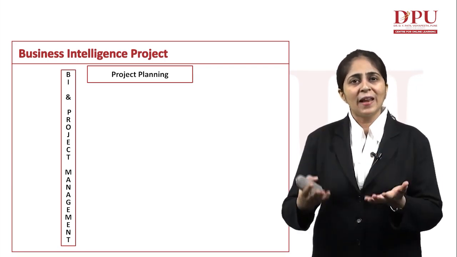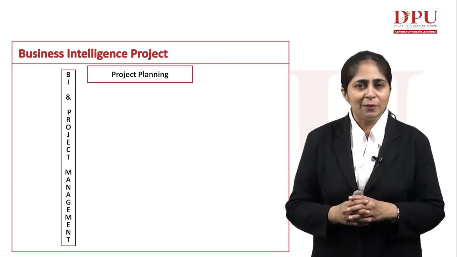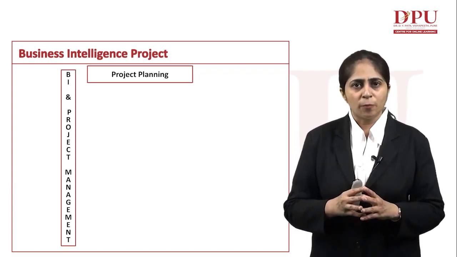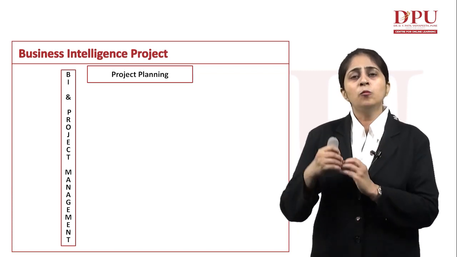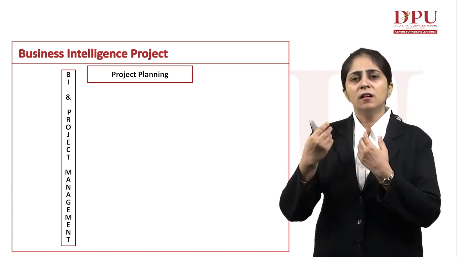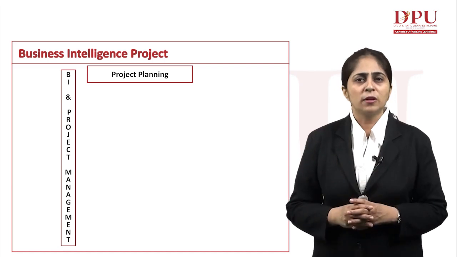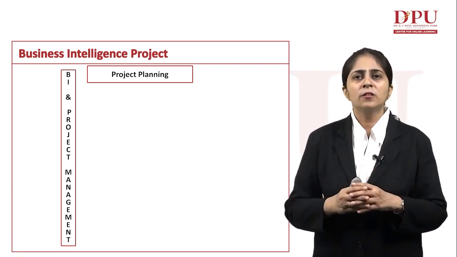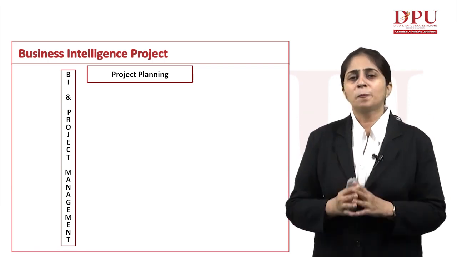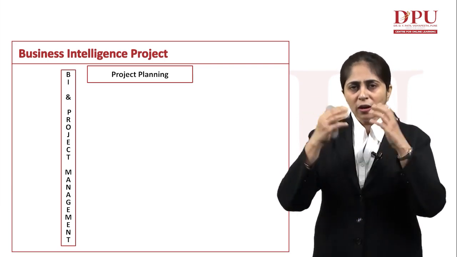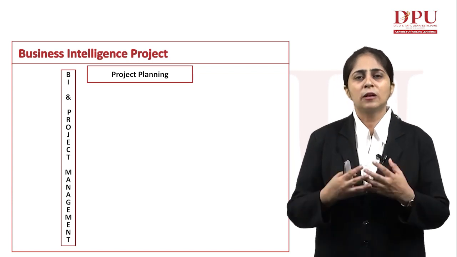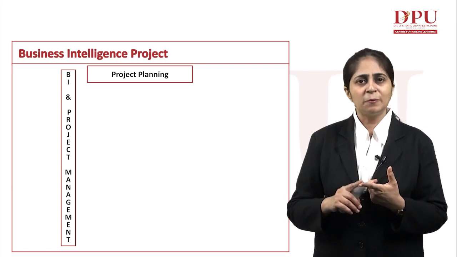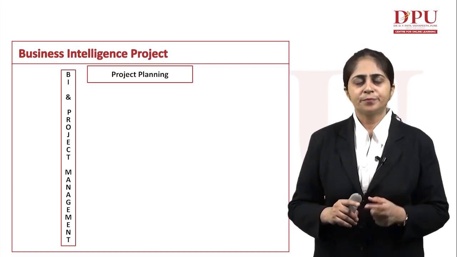We need to plan what people will be required, how much time it would take to build such a product, and finally what results will be recovered from this particular project. So the very first step is project planning, which will include all the things we require for building the project.